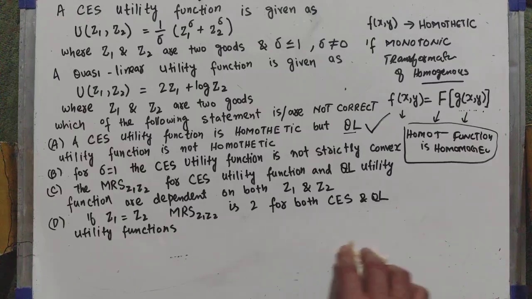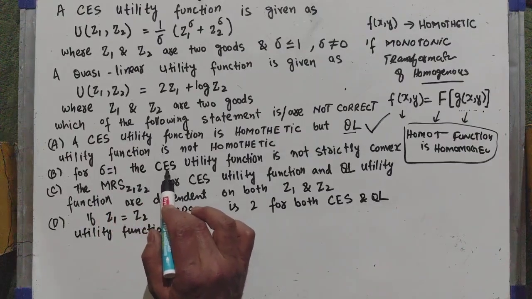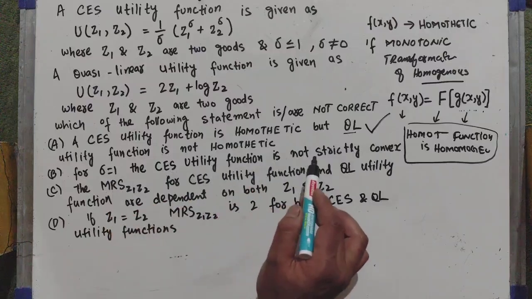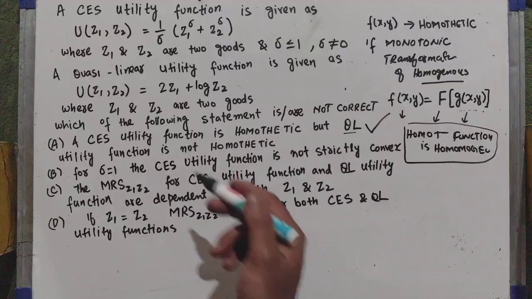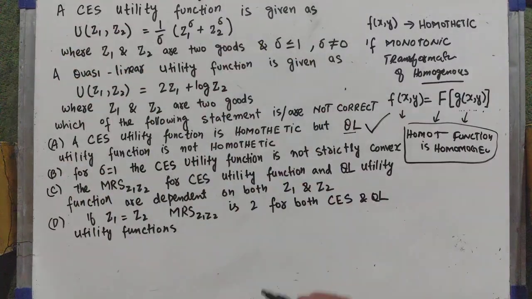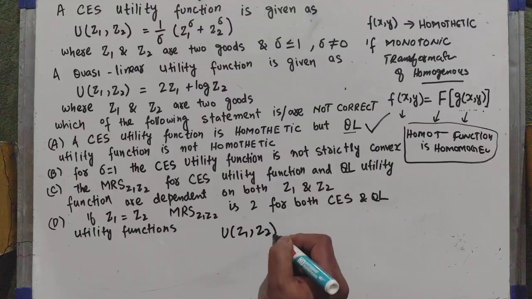In the second, we are being told if delta is equal to 0, the CES utility function is not strictly convex. Okay, so we have this function, u of z1, z2.